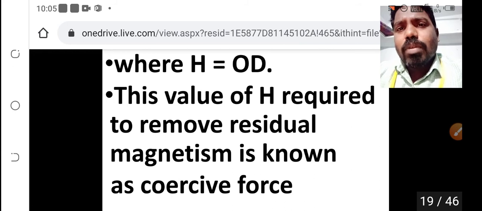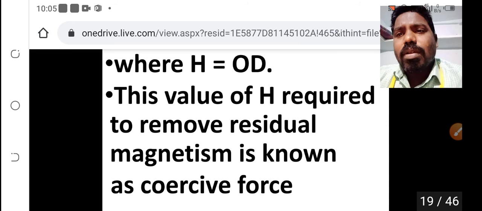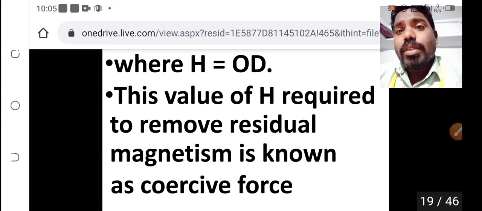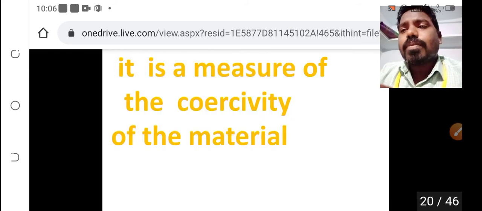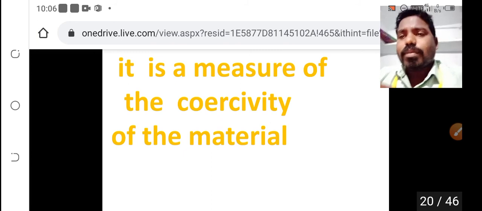That value in B when H is 0 is called residual magnetism. The magnetizing force required to remove it is called coercive force. It is measured as coercivity.